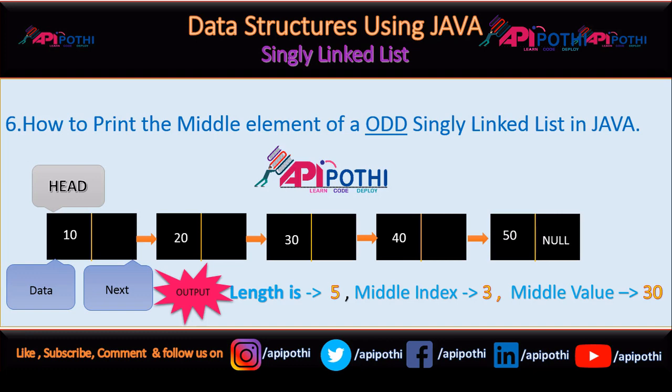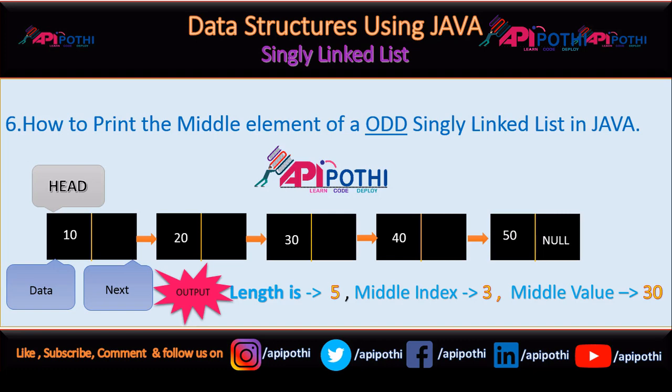If you see this diagram, you have a total of 5 nodes. In those 5 nodes, we can easily identify that the third node is the middle index, where we have the value 30. So we can easily say that 30 is the middle element of the given singly linked list.